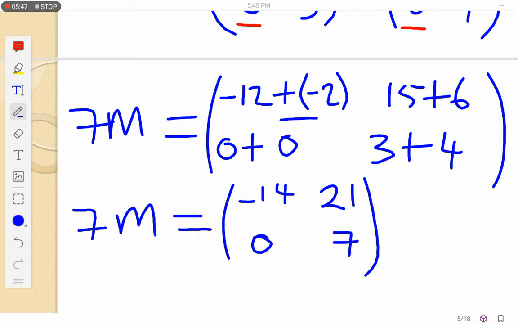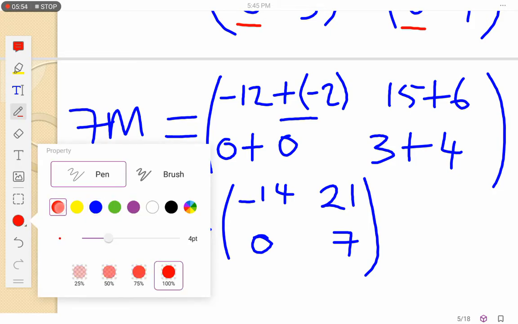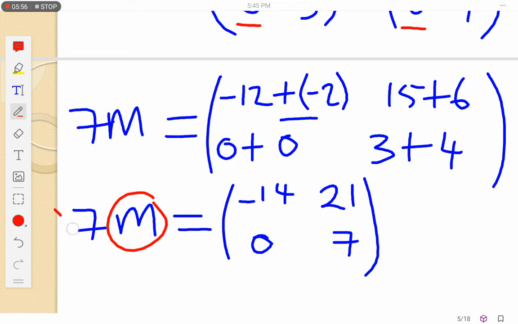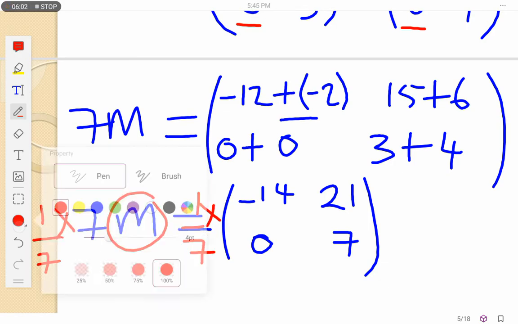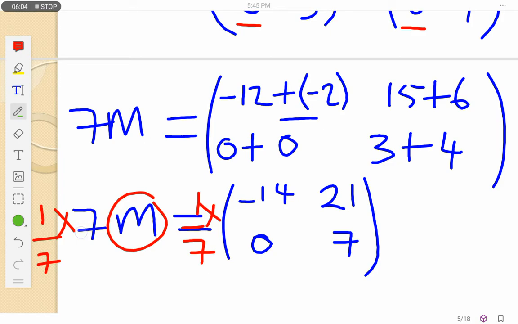Okay, now I will divide to get my m. To get my m, this one, I can multiply by 1 over 7. Okay, so that on the left side, these 7s cancel off each other. Then on the right side, 7 will go into 14, into 21, and into 7.